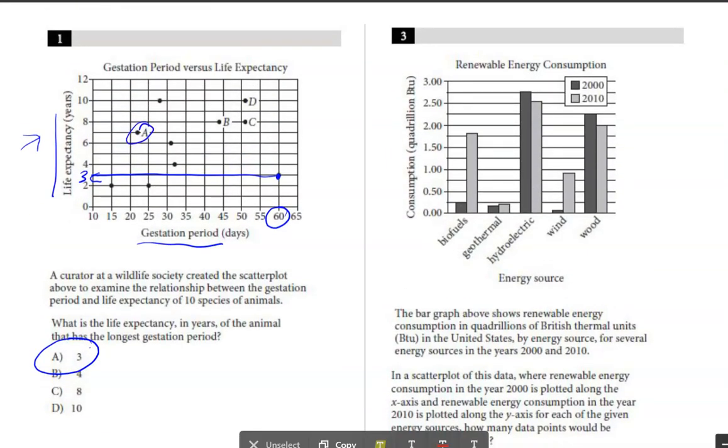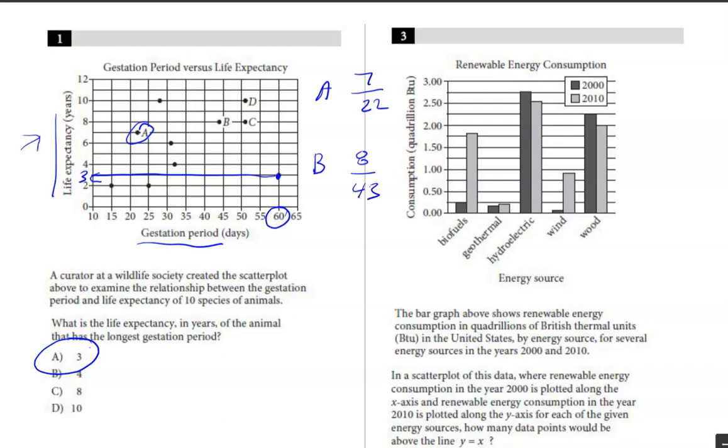So if we focus on A, the ratio for A, life expectancy is 7, and gestation is roughly 22. So that's the ratio for A. And as we go over, it just kind of gets smaller because when you look at B, that's going to be 8. So top number is a little bit bigger, but the bottom number is much larger, looking like 43.